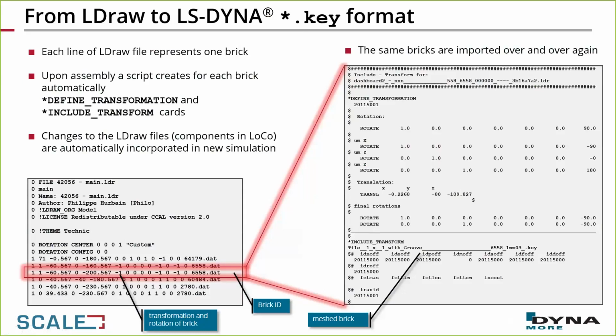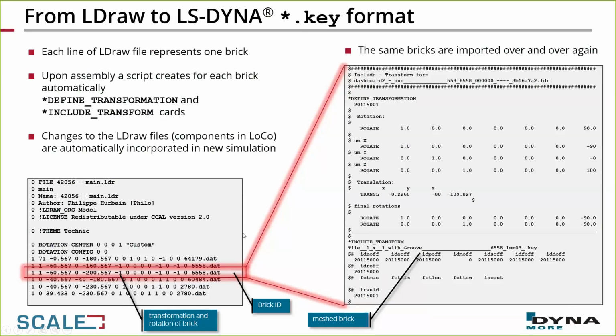So if you have a model which contains just the same brick but hundreds of times, you will just store one meshed brick as an LS-DYNA keyword file, and then you will include it many, many times. And we are using include transform to offset the node and element IDs and part IDs and so on.